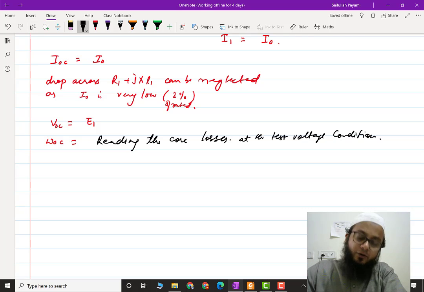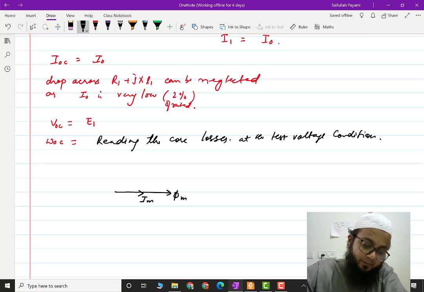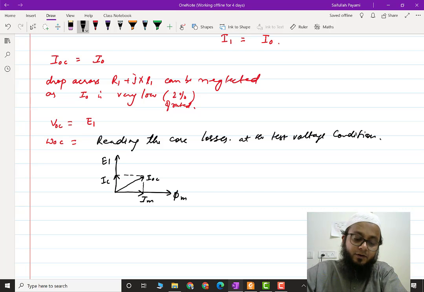So for no load condition, can you draw the phasor diagram of phi m? So phi m is here. We said that Im would be in phase with phi m, and if E1 is here, IC would be here, in phase with the induced EMF, and then this is the IOC here.